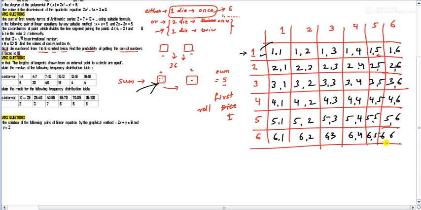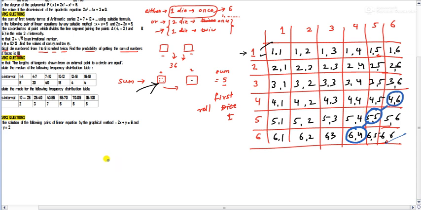I'll start from the last. 6 6 is 12. That is not required. Next, 6 5 is 11. But here, 6 plus 4 is 10, 5 plus 5 is 10, and 4 plus 6 is 10. Other than these three, we don't have any other pair where the sum is 10.